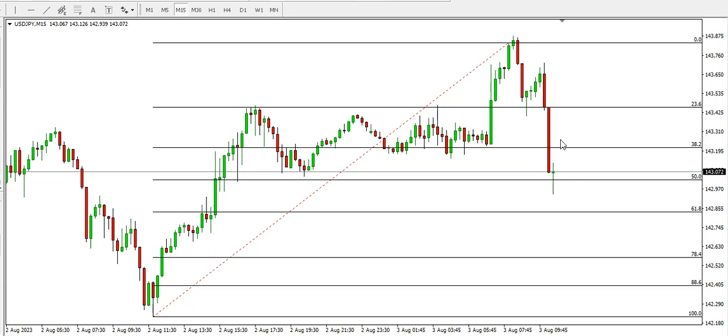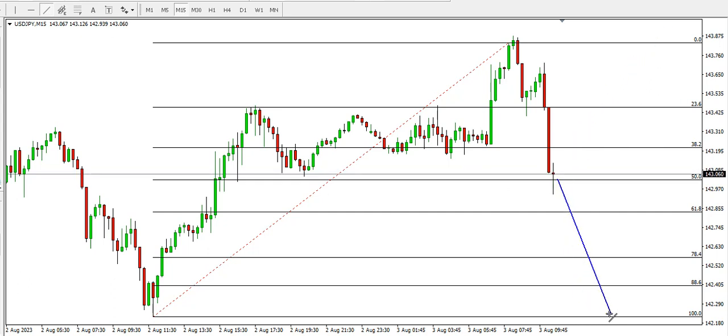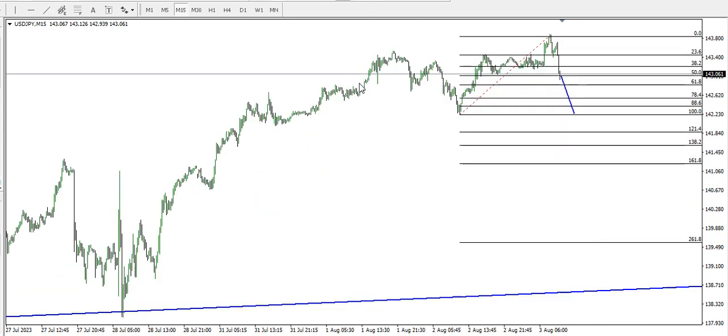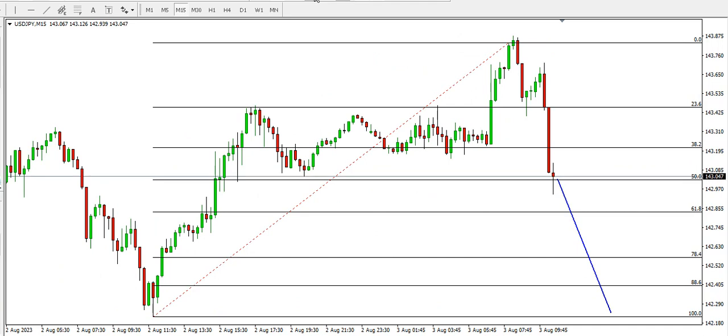So anything can still happen. There's a possibility that price might find buyers and start to go up, but a drop to the 100% might suggest that price might start to drop again. Okay, but that is unlikely as the trend for now is bullish.